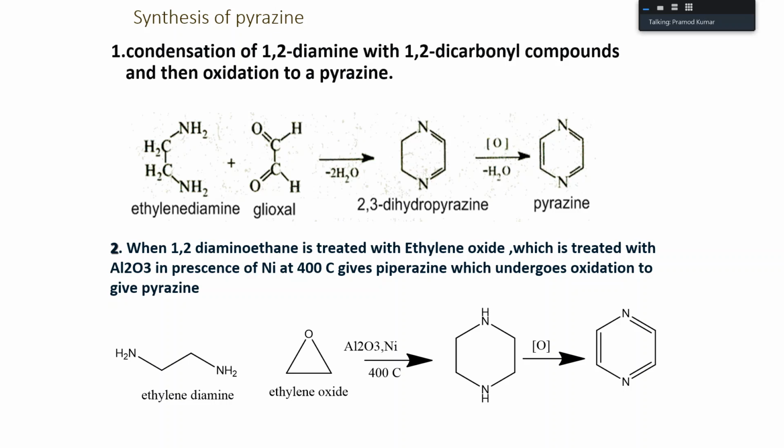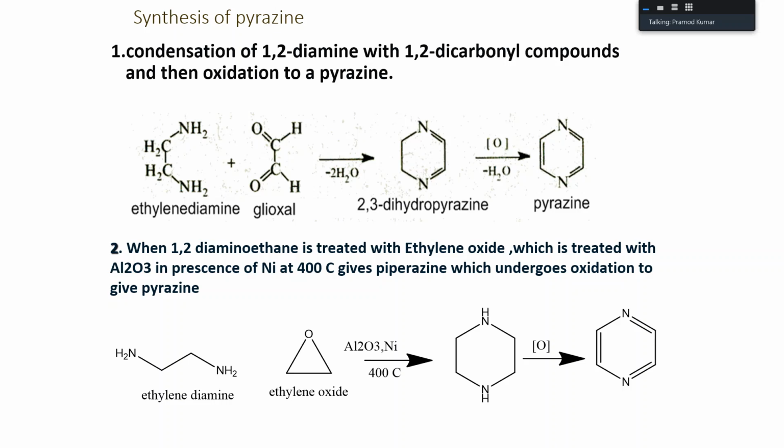The other method is you treat 1,2-diaminoethane, that is ethylene diamine, with ethylene oxide in the presence of aluminum oxide and iron nickel at high temperature. It will give you piperazine, which is the saturated form of pyrazine.